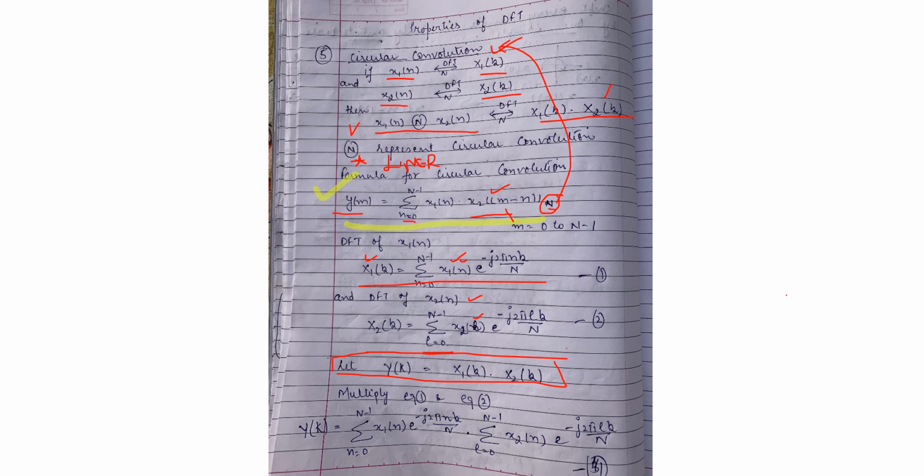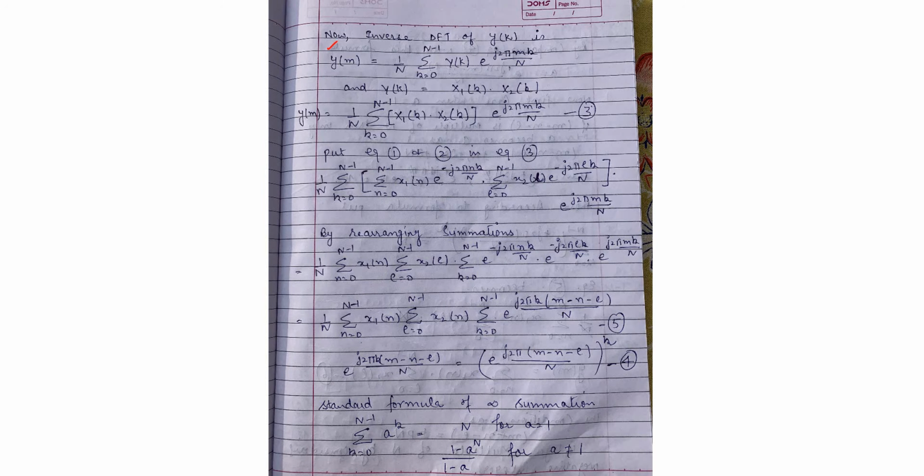The inverse DFT of Y of k will be equal to y of m, and the formula of inverse DFT is 1 by N summation k from 0 to N minus 1 Y of k e raised to power j 2 pi m k upon N. Here we write m just to distinguish the sequence, and Y of k is X1 of k into X2 of k. Replace this Y of k by X1 of k, X2 of k in this formula.